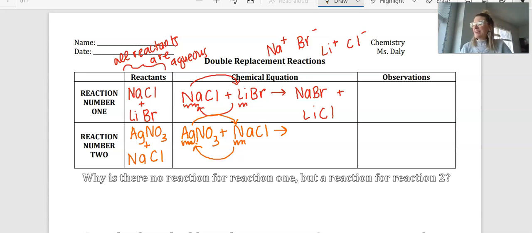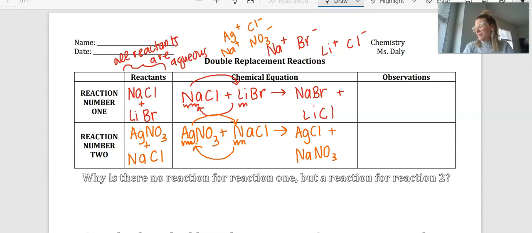And we are going to crisscross again, but Ag is a +1, Cl is a -1, Na is a +1, and NO3 is a -1. So again, it works out nicely, all 1-to-1 ratios. So we get here AgCl and NaNO3.